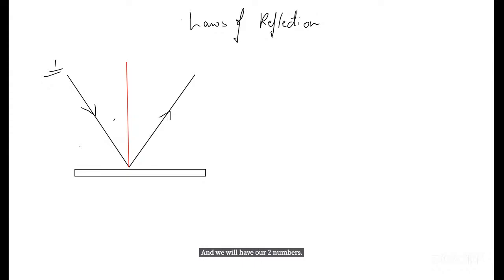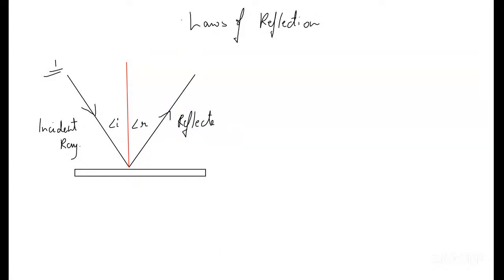This is angle I and this is angle R. This is incident, this is reflected, and this is normal. So it's forming two angles, angle of incidence and angle of reflection. And both are the same.